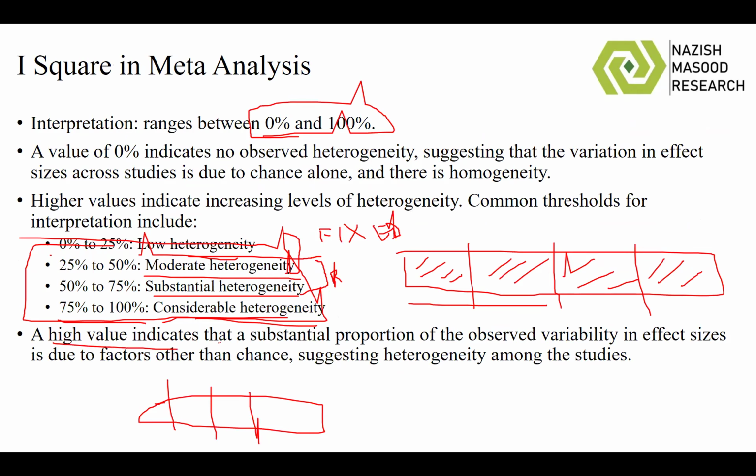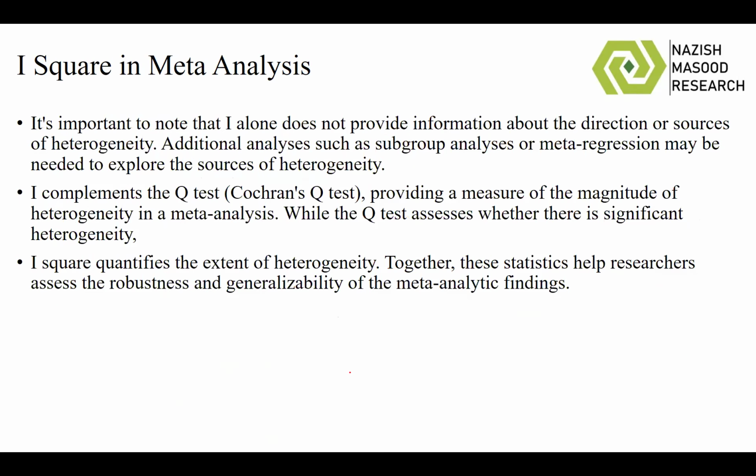A high value of I square indicates that there is a substantial proportion of observed variability in effect sizes due to factors other than chance alone. So maybe the sample sizes are too small, or the confidence intervals are too large, whatever the case might be.